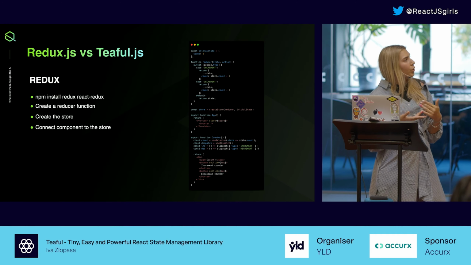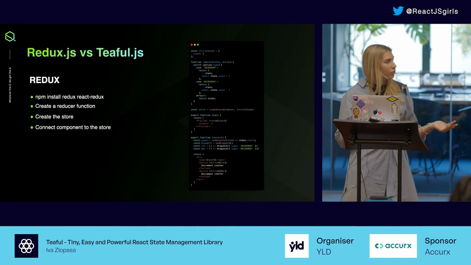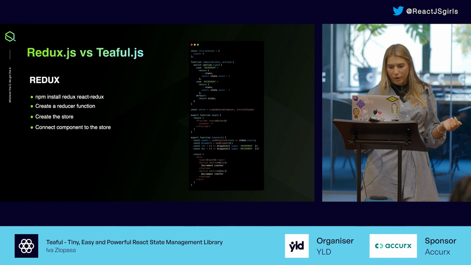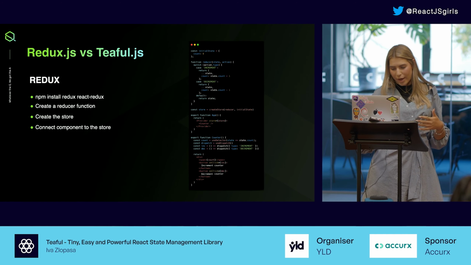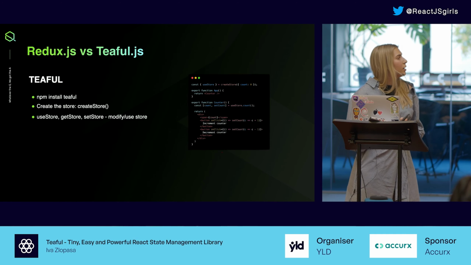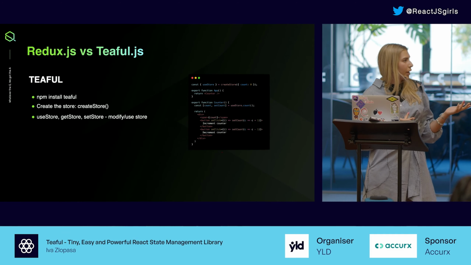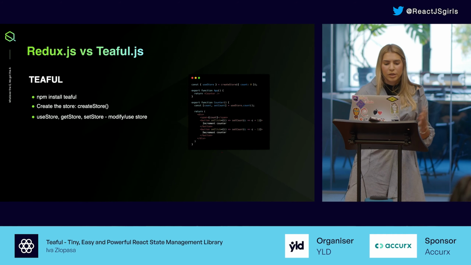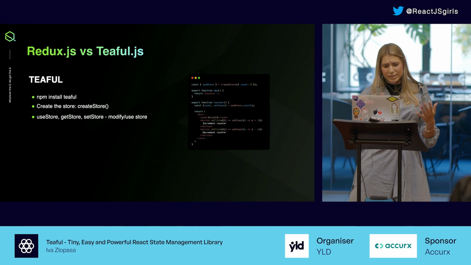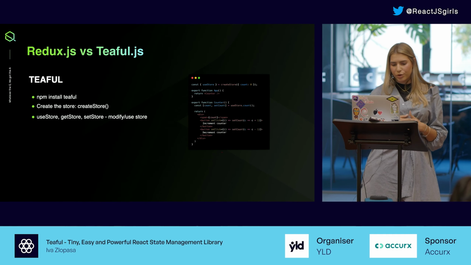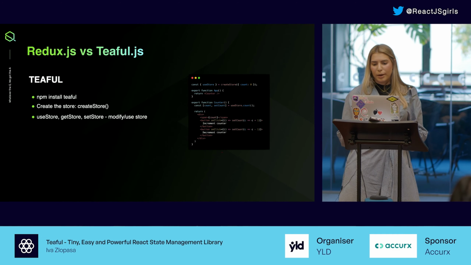And now I'm going to show you the same thing made in Teaful to see how much less code you have. So this is the same thing. I think it's visible right away that this is much more simple. So with Teaful, it's the same thing. You need to install it, then you're creating the store.